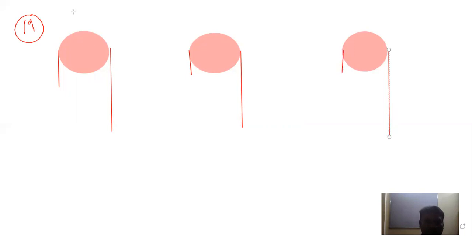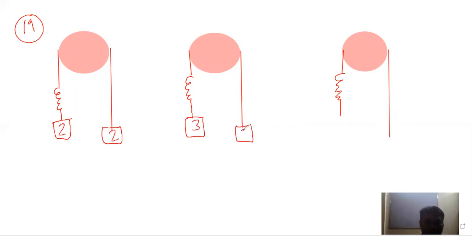So we have some springs also. And we have some masses. Let us say this is 2 kg and 2 kg. Let us say this is 3 kg and 2 kg. And let us say this is 1 kg and 2 kg. So they are all attached to a ceiling.